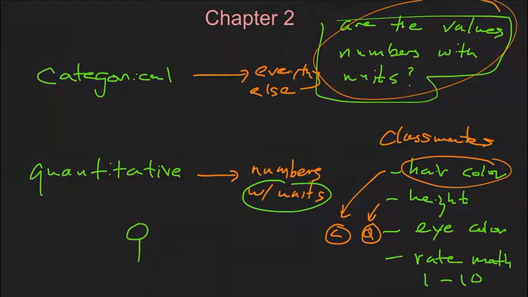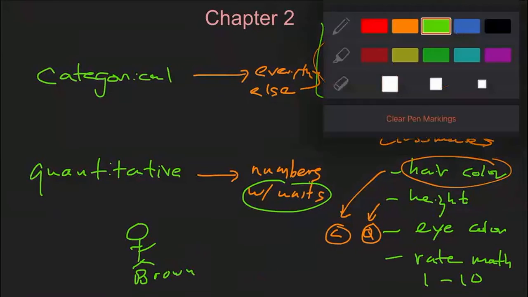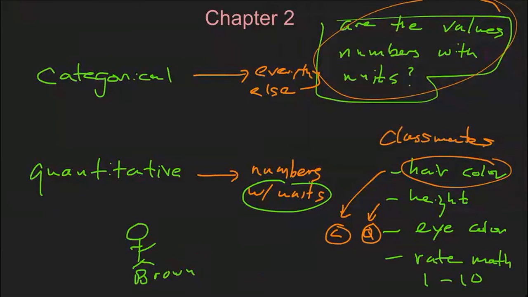So say we have a student over here, brown hair, 5 feet, and so on, and they rate math class a 6. Now here you'd say, are the values for this numbers with units? Well, it is a number, but it doesn't have units. So this one, rating something like this, would be categorical, not quantitative, even though it's a number. So it has to have units to be quantitative.